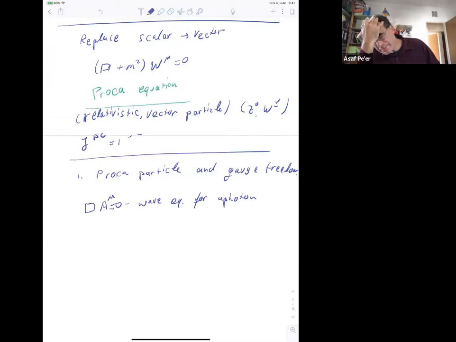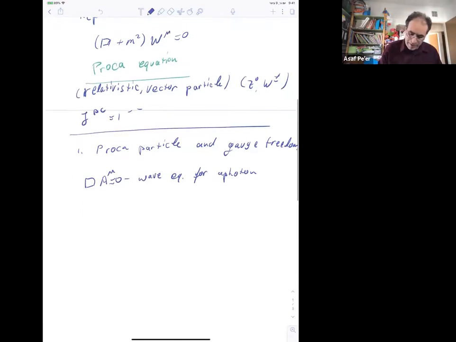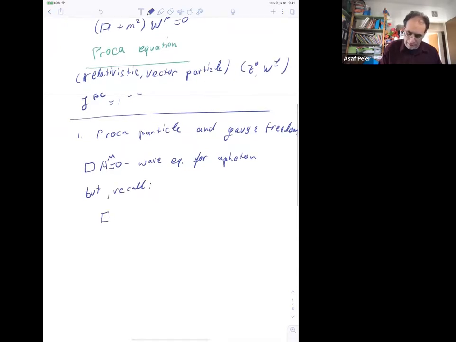But this is kind of a hand-waving thing, because if you remember when we did the derivation of the wave equation for the photon, we had to apply the Lorentz condition on the non-homogeneous Maxwell equation.